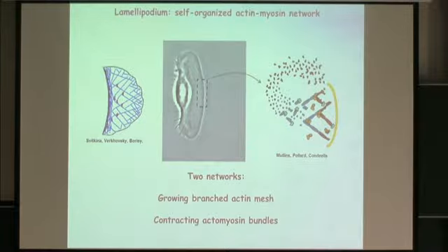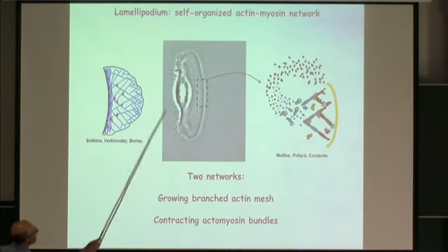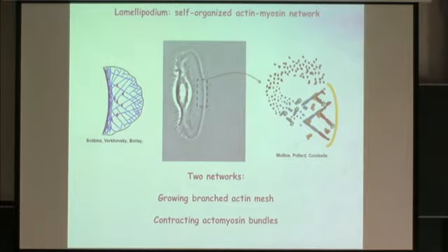But basically, the qualitative picture of how the lamellipodium operates, which Gary Borisy and other people proposed almost 20 years ago, turned out to be pretty much true. And what we spent the last 20 years on is trying to substantiate this hypothesis and make it more quantitative.